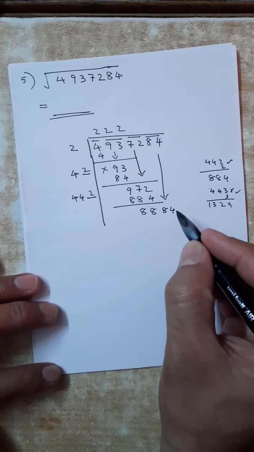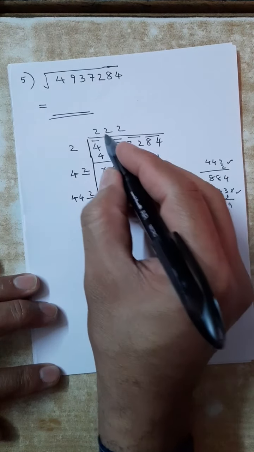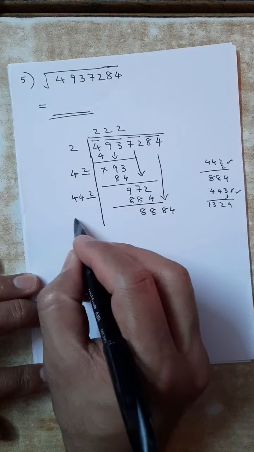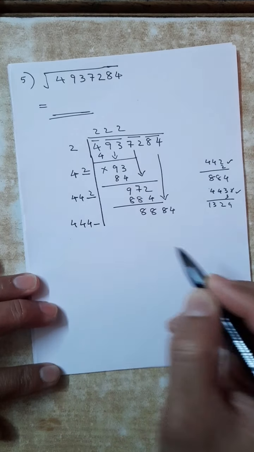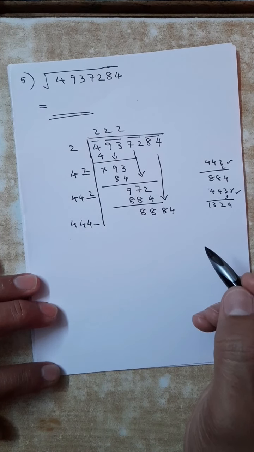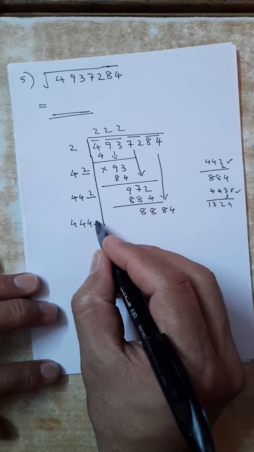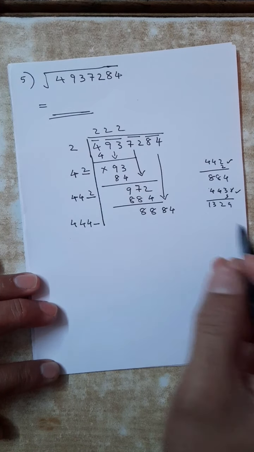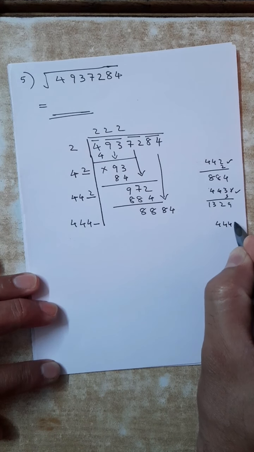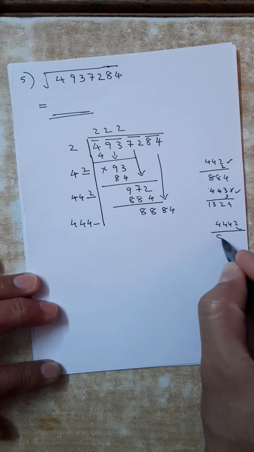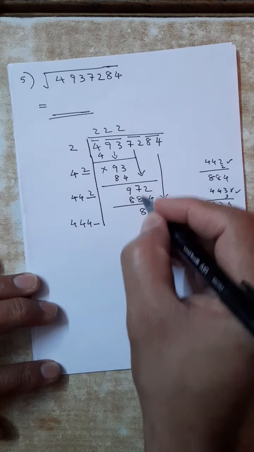Okay, now which number? What to do? Double of 222 is 444 and the balance. Again, it is a special number. 2 is going. 2 means matching properly. 4442 into 2, 8884 going properly.